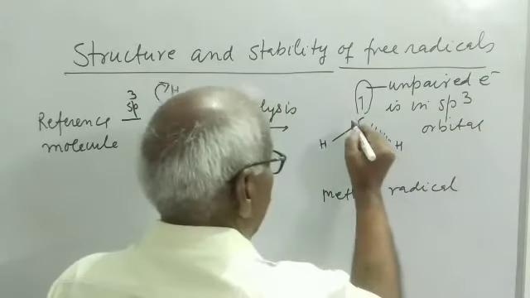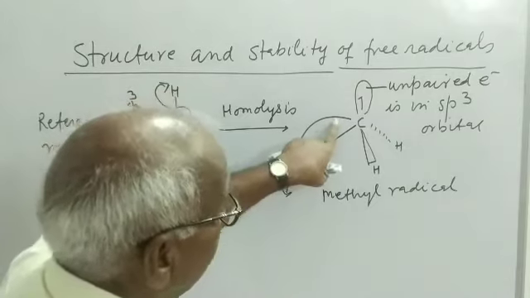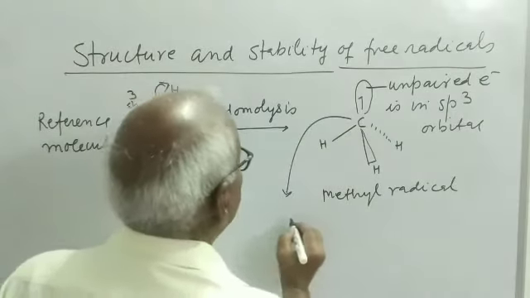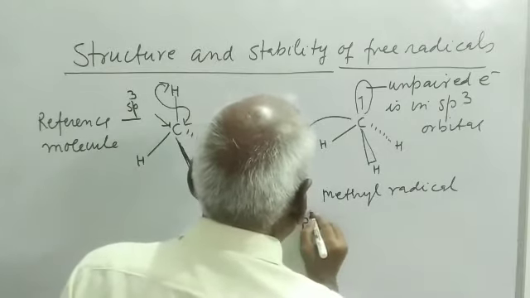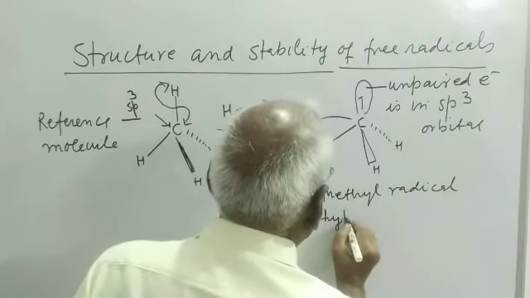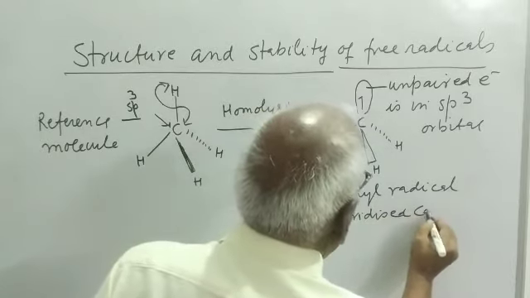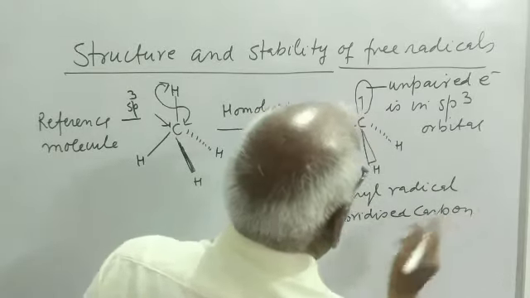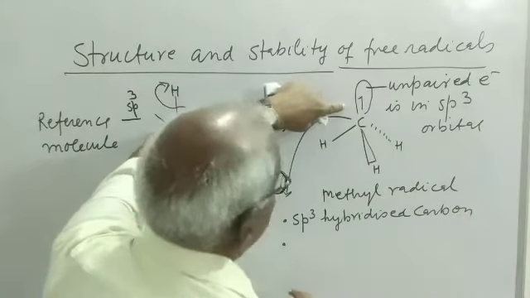So what will be the hybridization of this carbon? Naturally it will be sp3. It has one unpaired electron, so it has a spin.